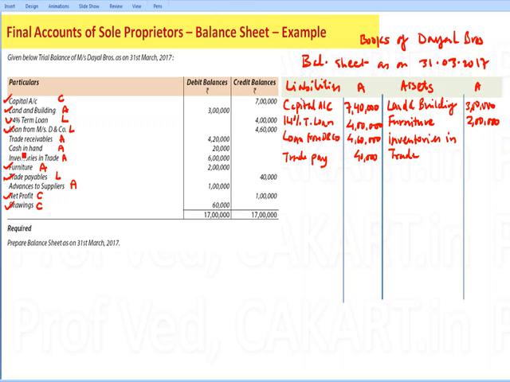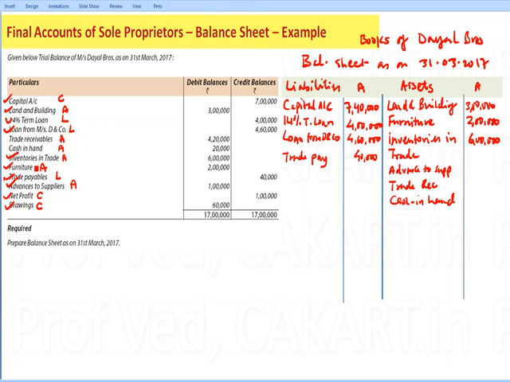So inventories in trade is 6 lakh rupees, and after that we have to decide between trade receivable, cash in hand, advance to suppliers. So advance to suppliers, trade receivables, cash in hand.